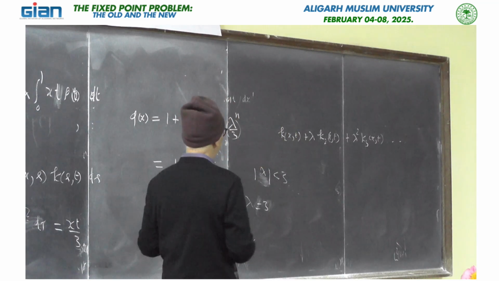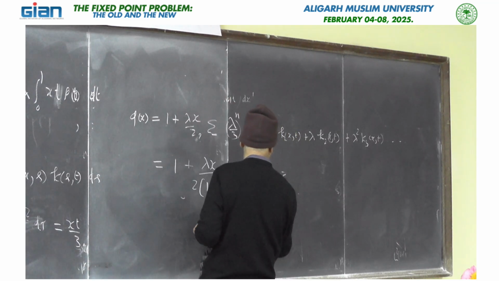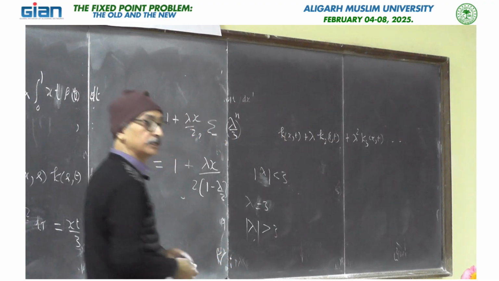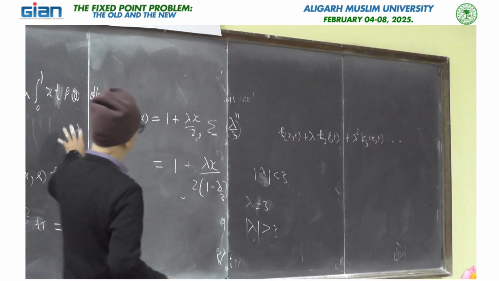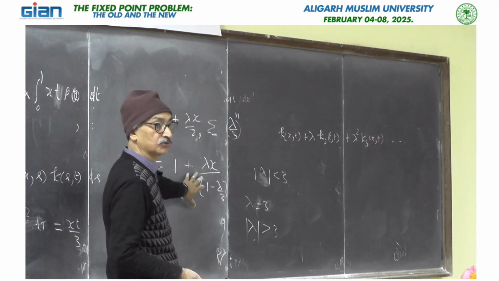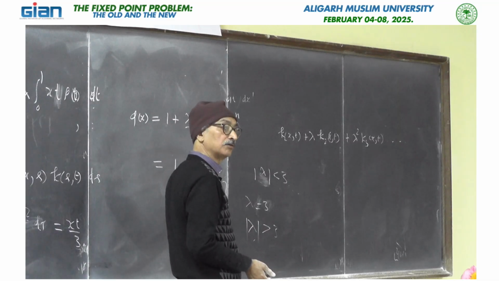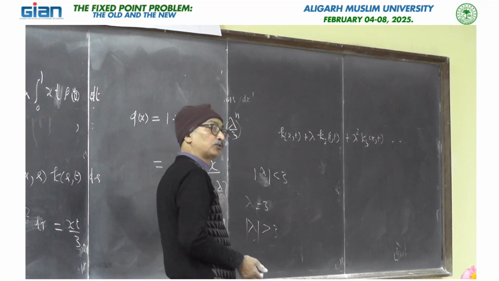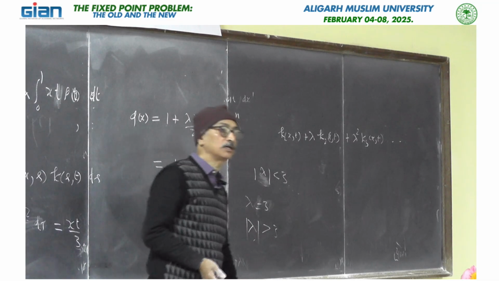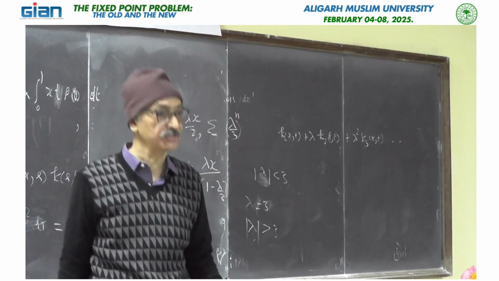Okay. And for complex mod lambda greater than 3, this method does not capture that solution, but you can see that for lambda greater than 3 this is a valid form, right, and you put it in the equation, you will see that it satisfies the equation.